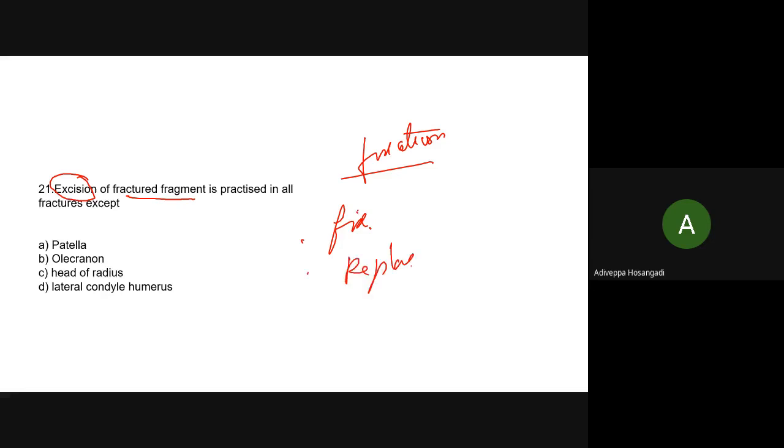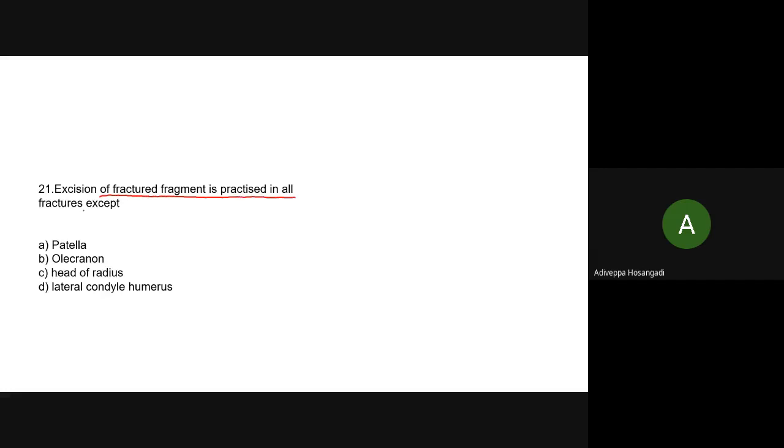It is like any mobile device, isn't it? It can be either repaired or replaced. But in certain situations, the fragment is excised. Excision of the fractured fragment is practiced in all fractures except, okay, patella.